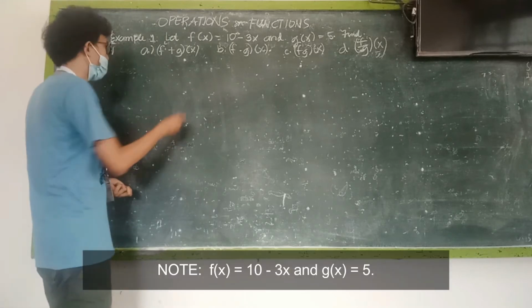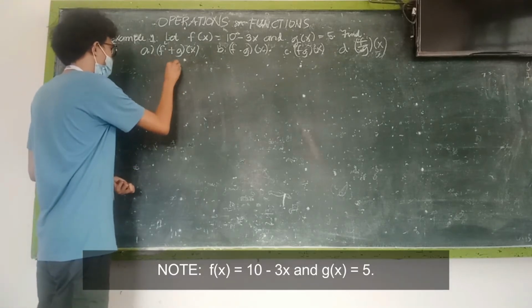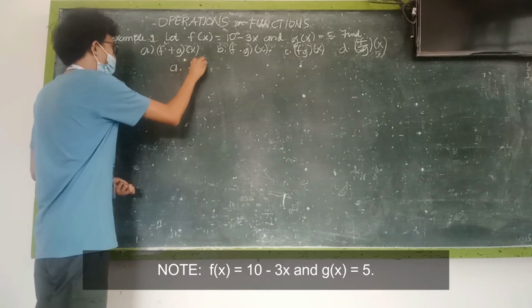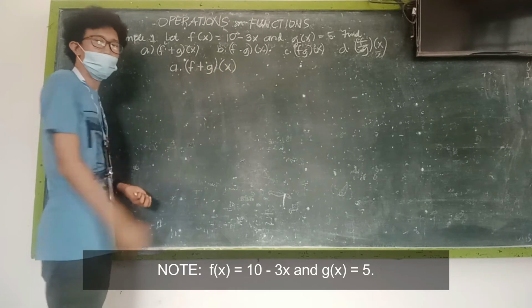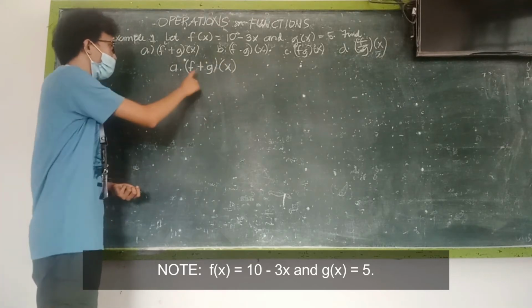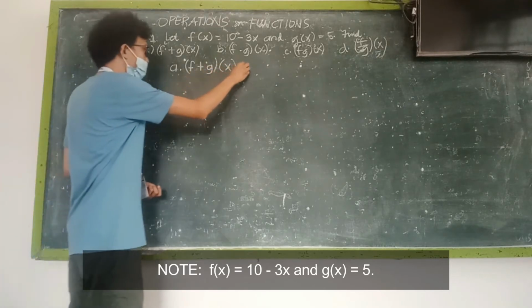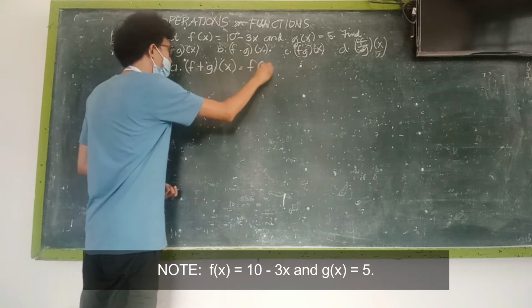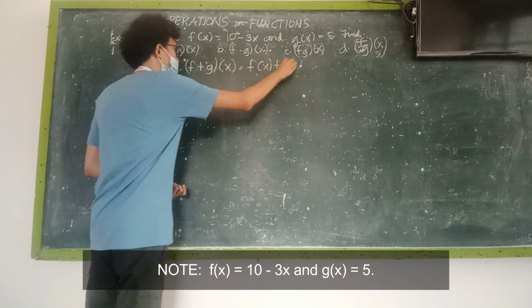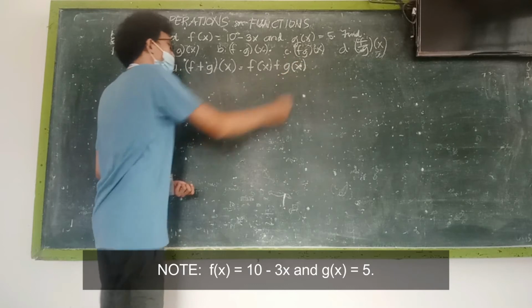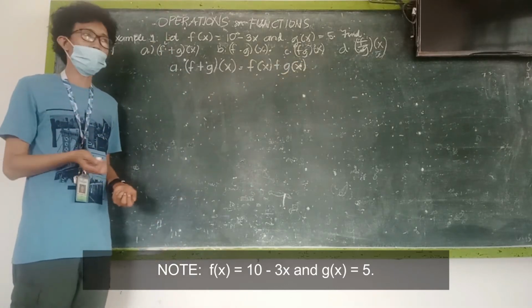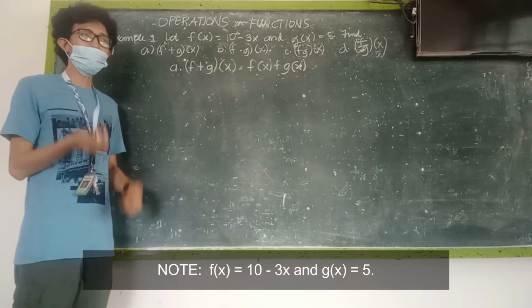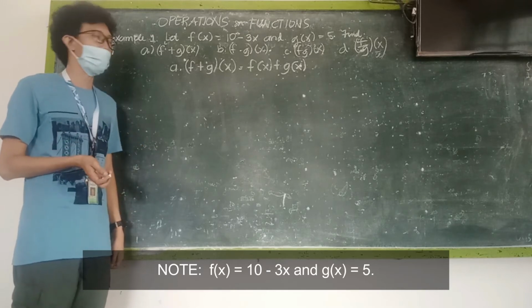So we have letter A, f plus g of x. So what are we going to do? When we say f plus g of x, this is equal to f of x plus g of x. We're going to add functions the way we add polynomials, integers, or real numbers.